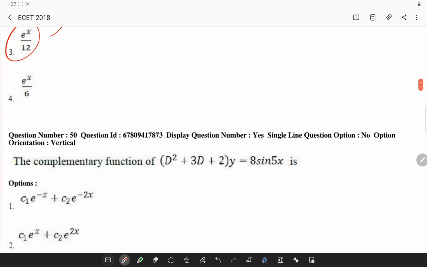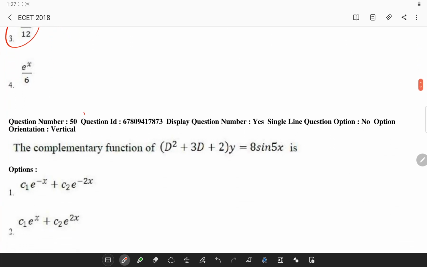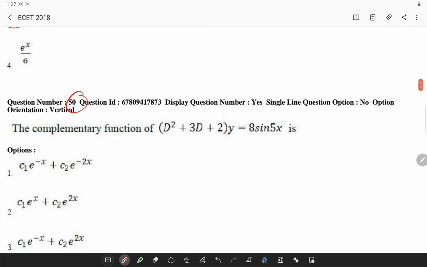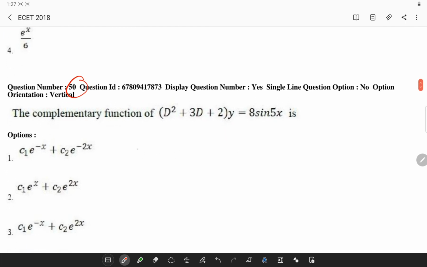The next question is the last question of this exam. I have this particular equation, and I'm supposed to solve for the roots of m² + 3m + 2. This is a quadratic equation, and I can write it in the form (m + 1)(m + 2).